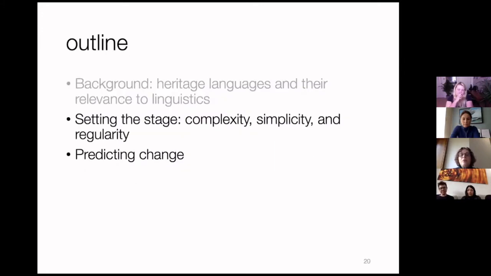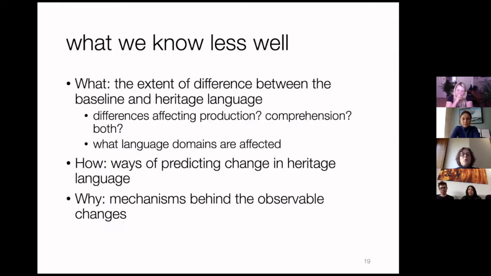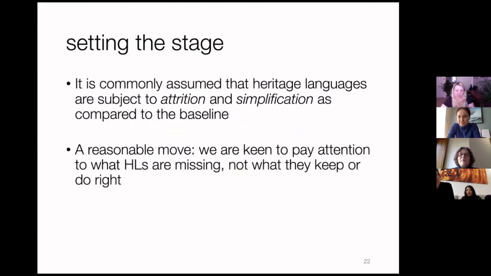And so what I want to do now that I've introduced heritage speakers and heritage languages, is talk about the issues of complexity, simplicity, and regularity, and then talk about the question of how we can predict the changes, and if we do, then we can start addressing the why question.